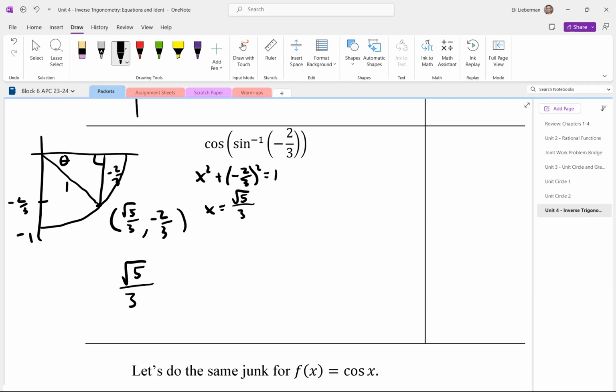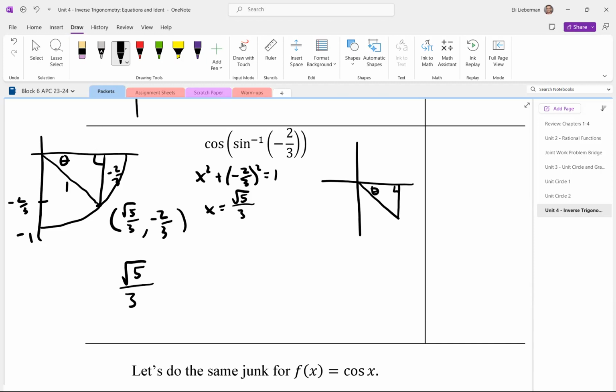I'm gonna do this again, but this time, instead of drawing a little piece of the unit circle, I'm just gonna go ahead and draw that angle, theta. I'm gonna make a triangle there. Do I know anything about this triangle? Here we know that the sine of this angle is -2/3. So how do I calculate the sides?